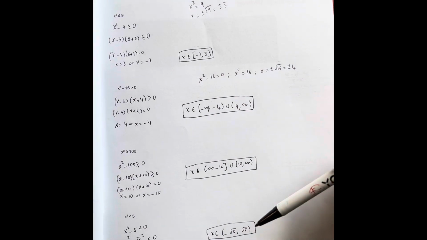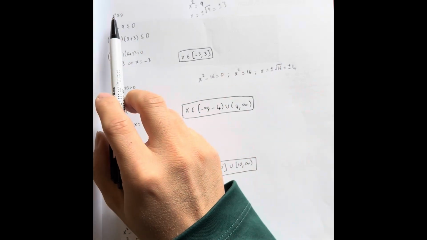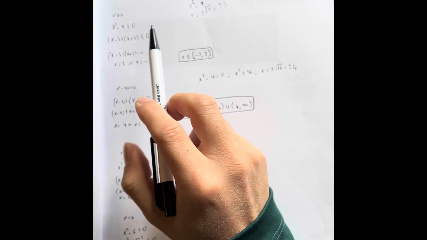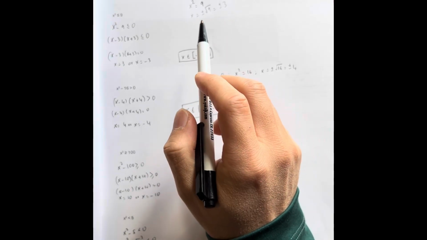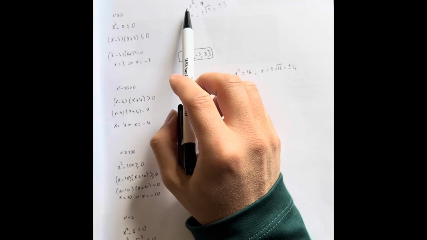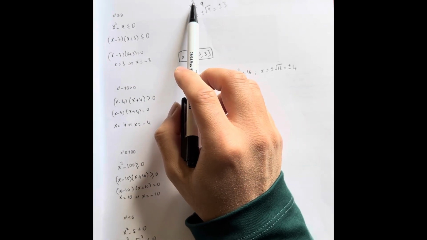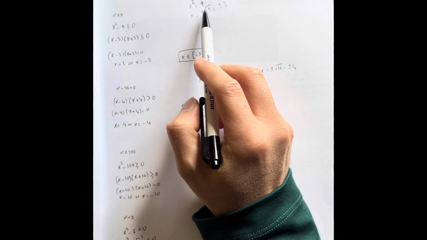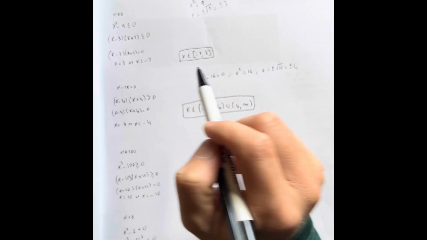On this page, it's slightly different because there are only 2 terms, x squared and 9. But it works the same way. Just solve for x for the corresponding equation, x squared equals 9. That means x is equal to plus or minus the square root of 9, which is plus or minus 3.